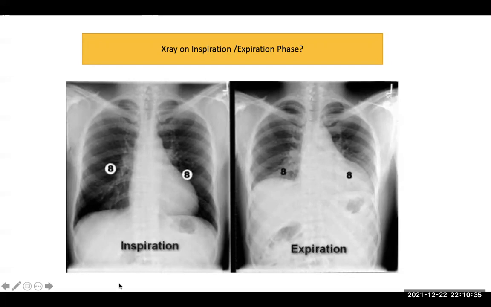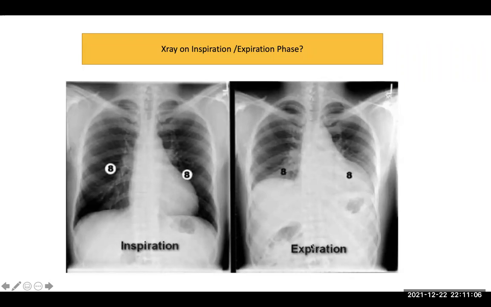Suppose in this X-ray, look at this, it is in the inspiration phase, so it looks very well and good enough. But look here, the same person in the expiration phase. It looks as if this patient may have some cardiomegaly and also lower zone consolidation. But this patient has no such disease.